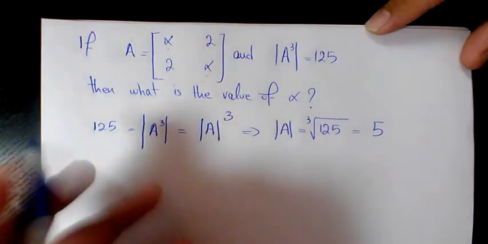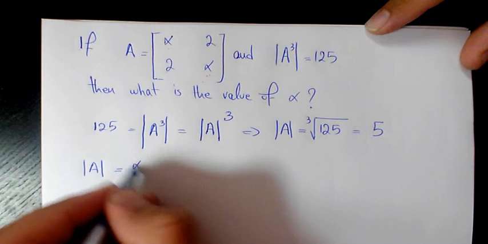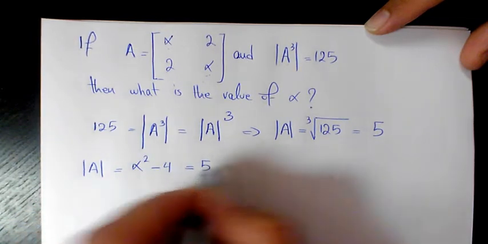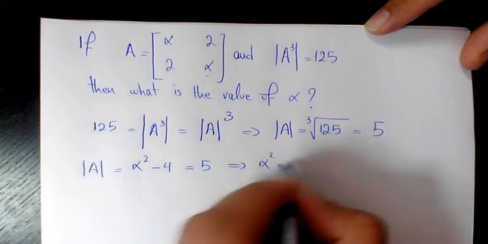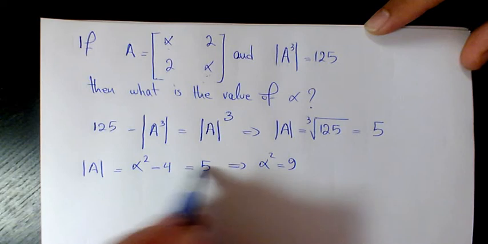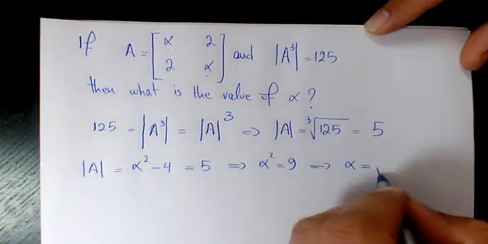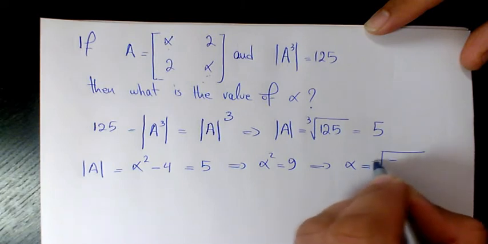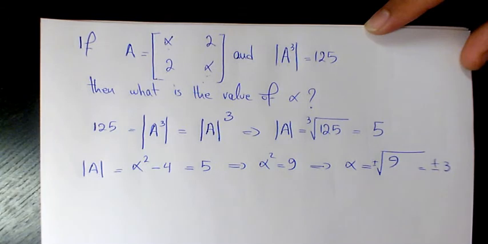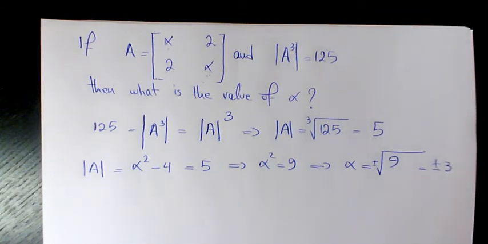So therefore, the determinant of A is alpha squared minus 4. So alpha squared minus 4 is 5. When you move negative 4 to the other side, it's going to be 9. So alpha squared equals 9, and alpha will be plus or minus the square root of 9, which is plus 3 or minus 3. So that's the value of alpha.